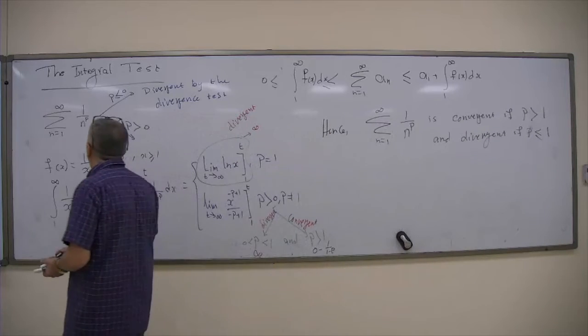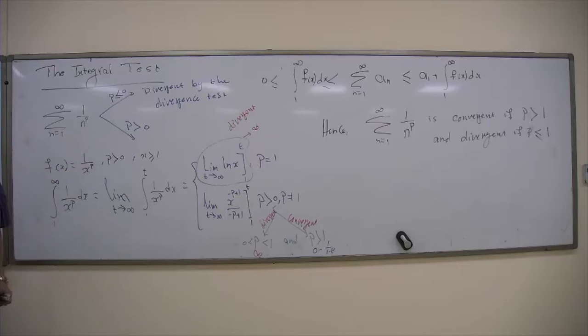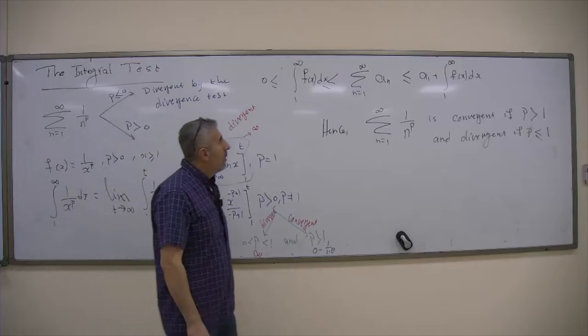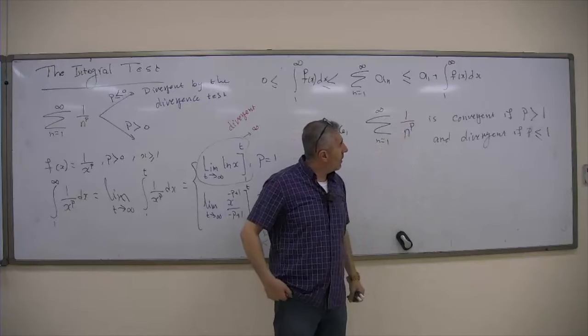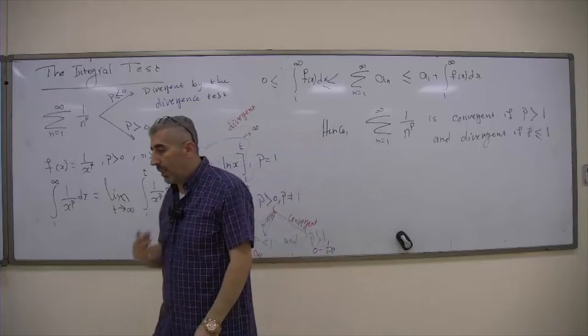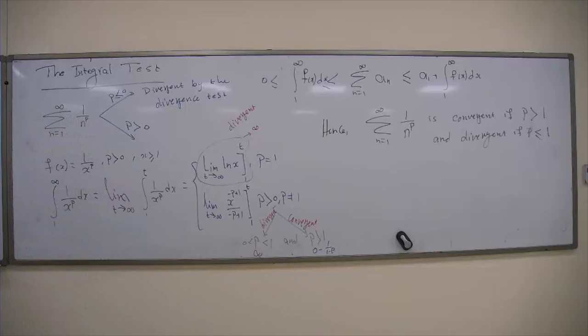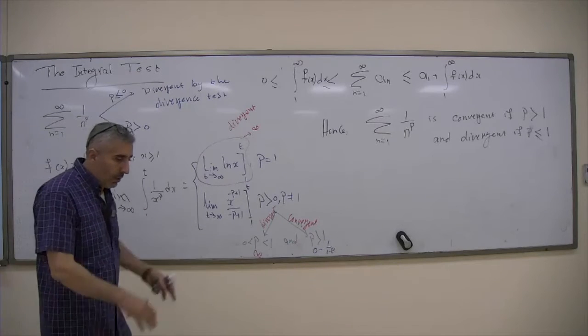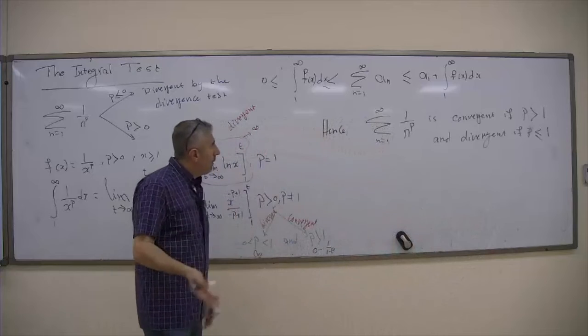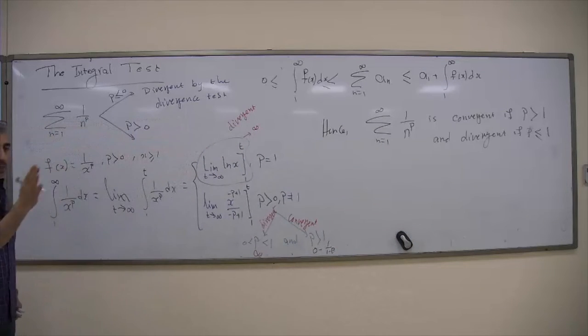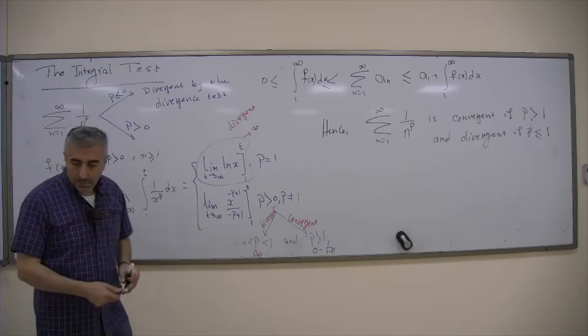And from now on, we can refer to this series as the p-series. Your book is using this as the p-series. The p-series is convergent if p is larger than 1 and is divergent otherwise. Okay? And if you use it anywhere, or if you use it to do something else, you can reference that as the p-series.